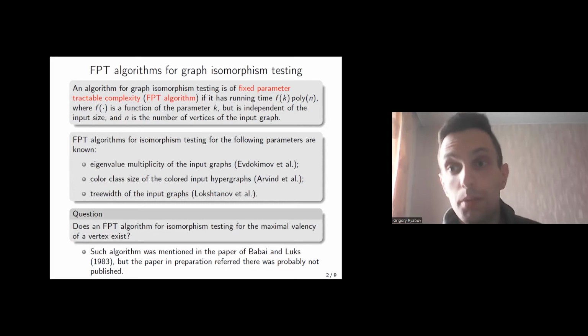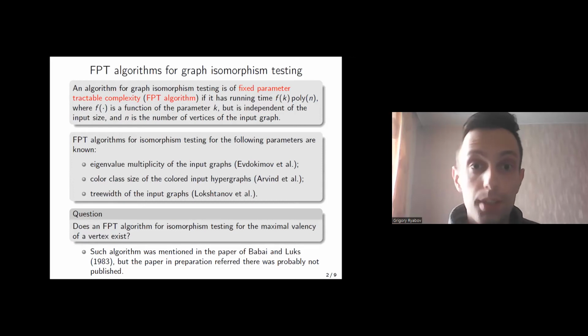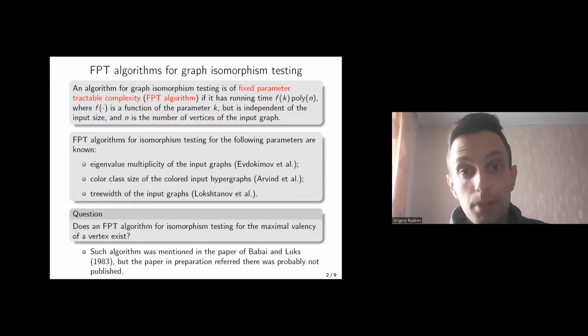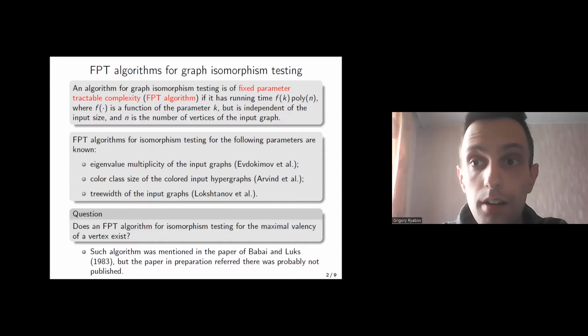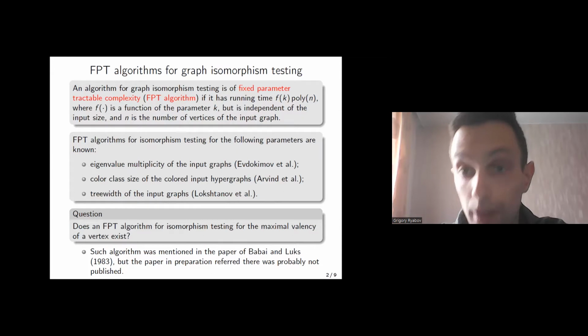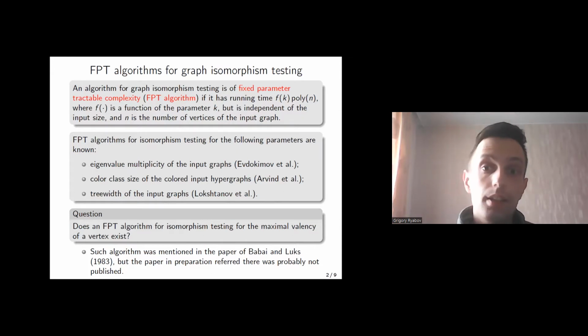So, an algorithm for graph isomorphism testing is of fixed parameter tractable complexity, or briefly an FPT algorithm, if it has running time of the form f of k times a polynomial of n, where f is a function of the parameter k, but is independent of the input size, and n is the number of vertices of the input graph.